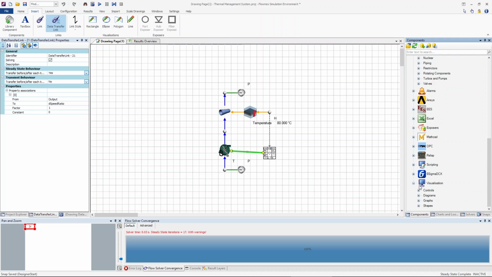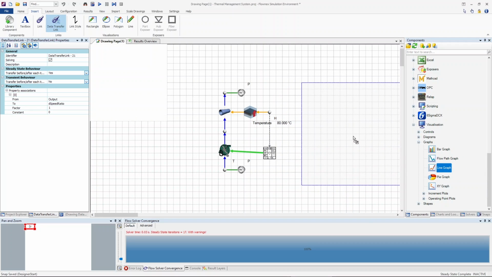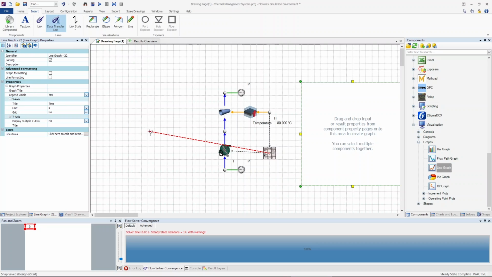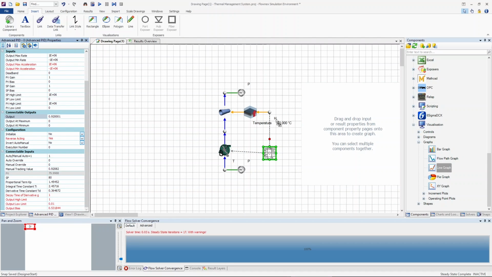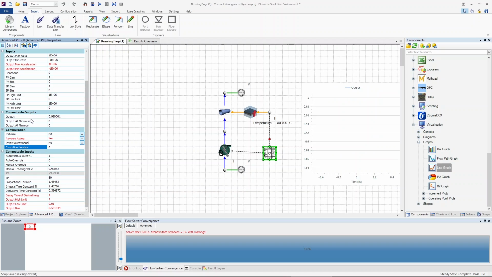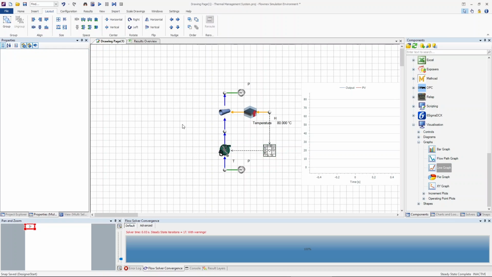So we do have a couple of options for the graphs, and for example we can use the line graph and essentially plot the output, and then plot the process value as well.